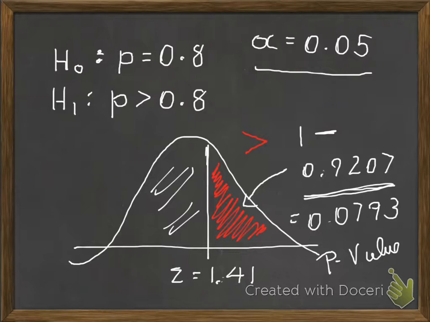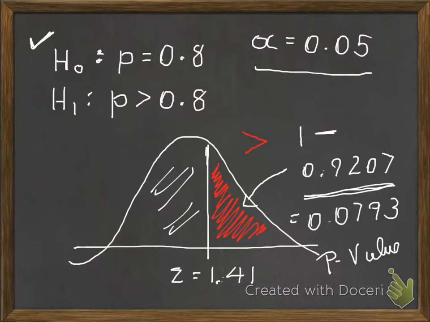This alpha equals 0.05 is the probability of rejecting the null hypothesis, H sub 0, when it is true. That's about 5%. It's a pretty low probability. So we're performing the hypothesis test at this level.